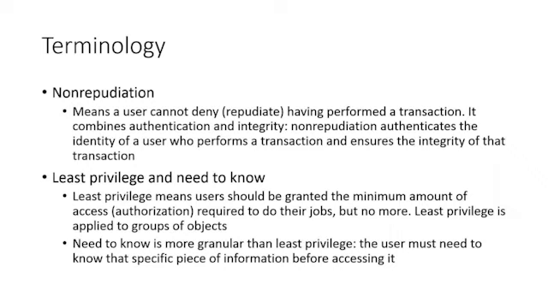This is need to know information. So the only people that need to see or access this data are people that need it for their job. Need specifics for their job. That's what makes it a little more granular. You might say, well, I have least privilege, this covers this area, but this may be labeled as need to know. So just the people in that particular part of the department, that particular group, can access that data.